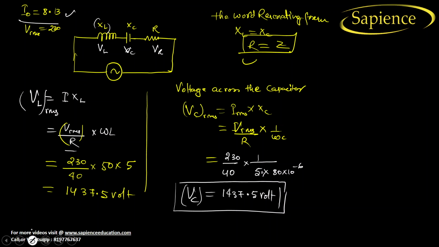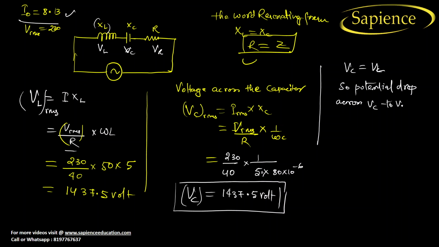The potential drop across the combination, VCL, is equal to VC minus VL, and this will be equal to 0. I hope you have understood this one.